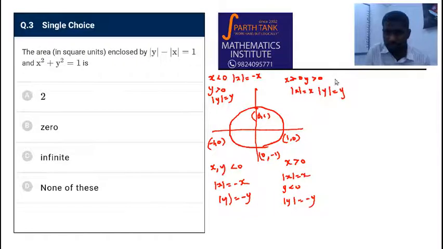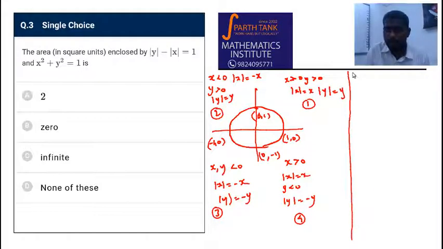So in the first quadrant, let us say this is the first quadrant line, second quadrant line, third quadrant line, and fourth quadrant line. So the first quadrant line, that is mod y minus mod x is 1, using this condition becomes y minus x is 1, or minus x plus y is 1.